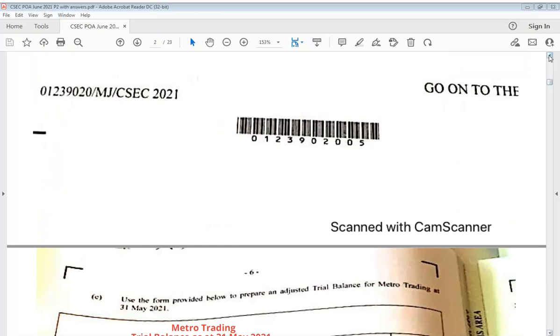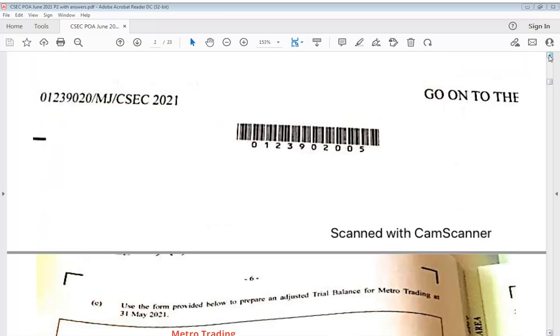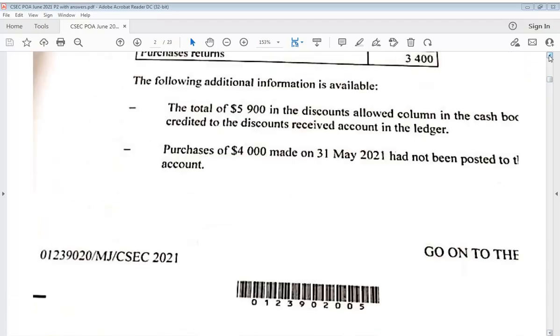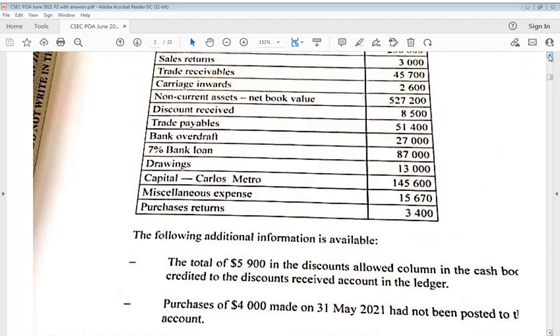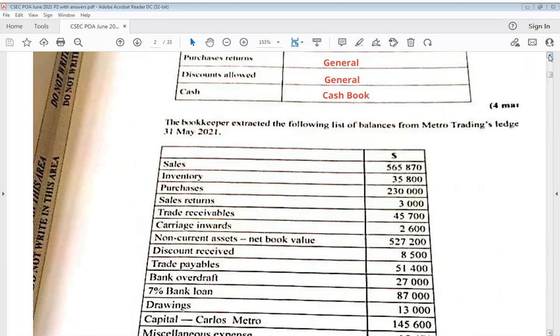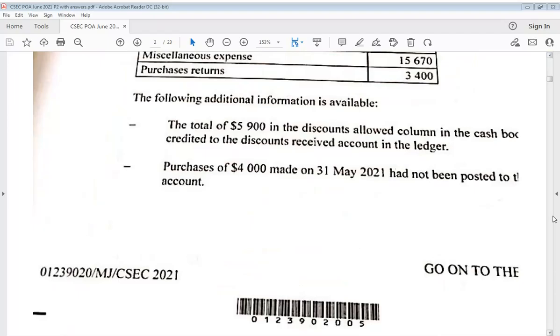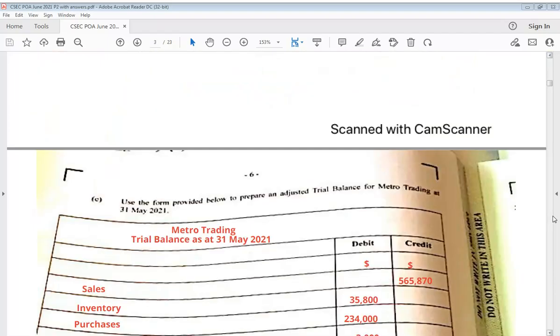Now, what is it that they want us to do? They want us to use the form provided below to prepare an adjusted trial balance for Metro Trading on the 31st of May 2021.